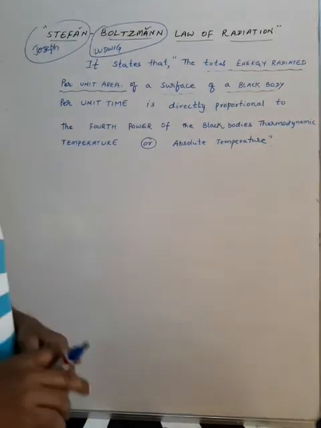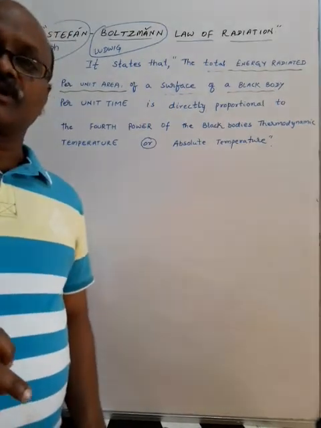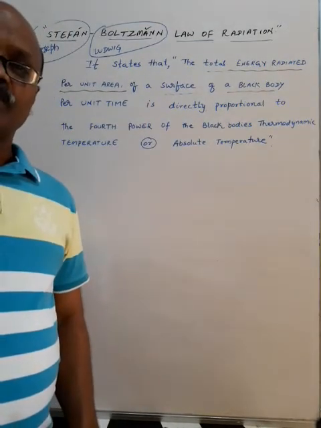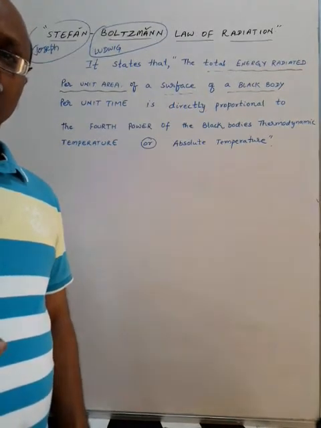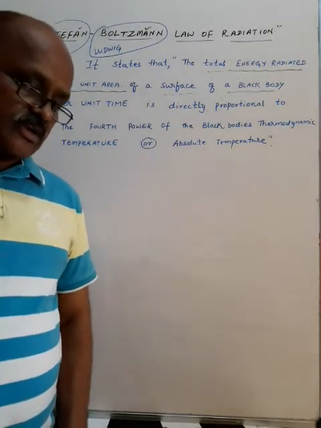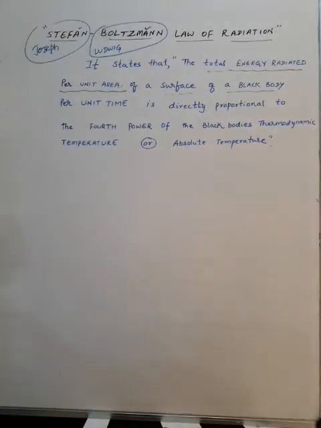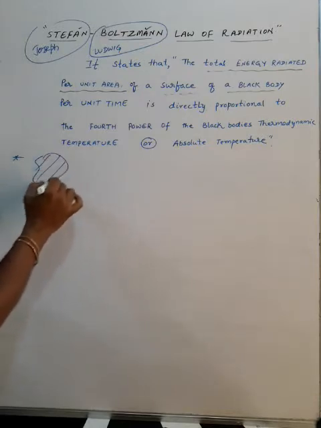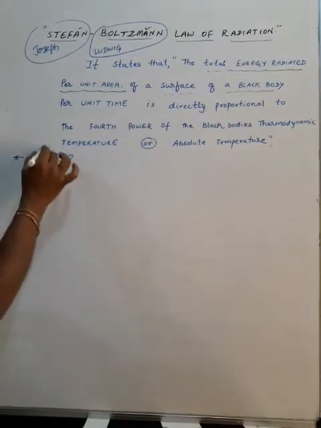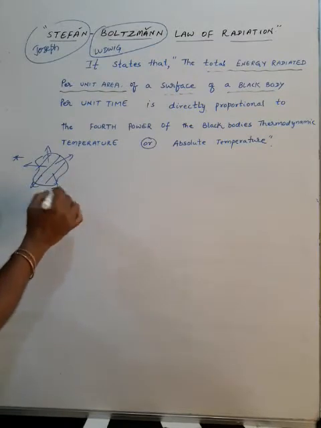Before stating this statement, let us know some of the important points to be remembered related to radiation. First, we all know that all bodies or substances are radiating energy.